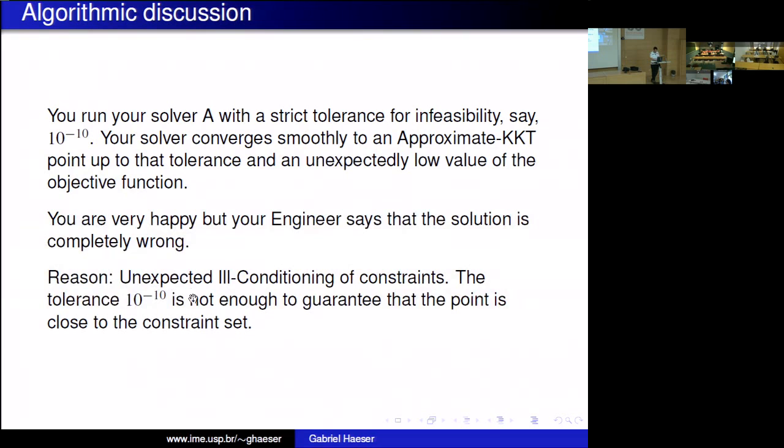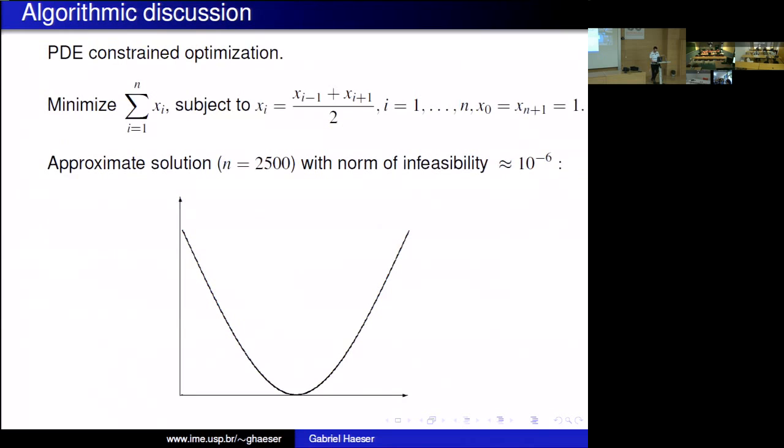The reason for this is the ill conditioning of the constraints. The tolerance of 10 to the minus 10 is not enough to guarantee that your point is close to the feasible set. There is an example here from PDE constrained optimization. I have to minimize some function subject to a partial differential equation. What we can do in practice is discretize this PDE, and you may have something like this.